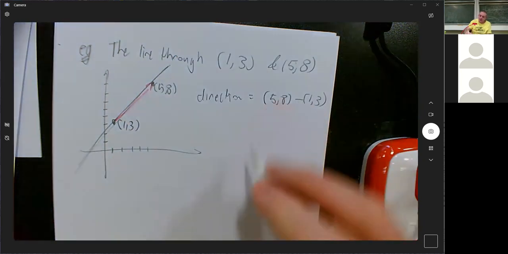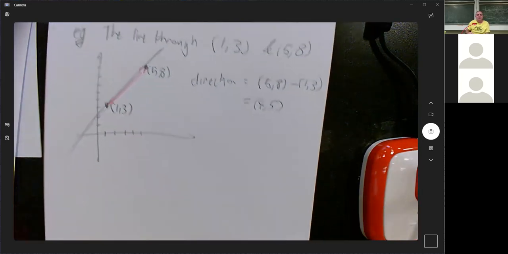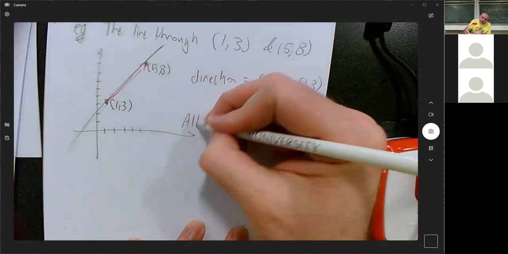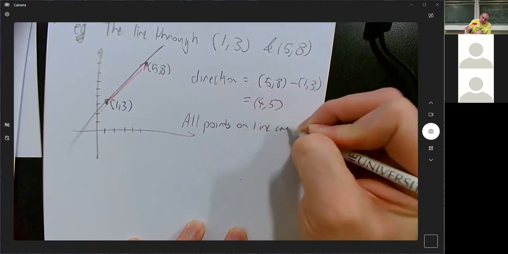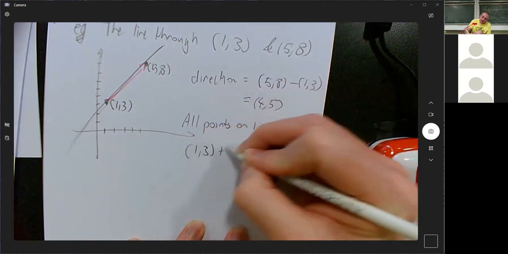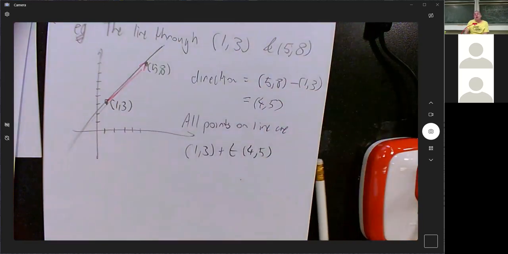So this minus this, 5 minus 1 is 4, and 8 minus 3 is 5. That's my direction. And so all points on the line are 1, 3 plus t lots of 4, 5. But I could just as easily have chosen 5, 8 plus t lots of 4, 5, and that would have worked fine. I would just have a different set of t's that have to be minuses what they were before.